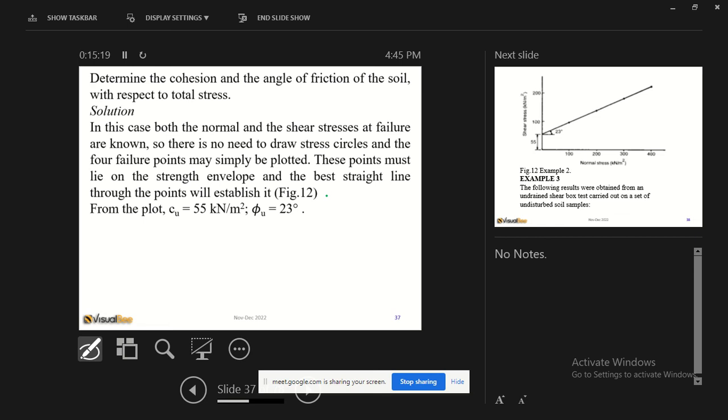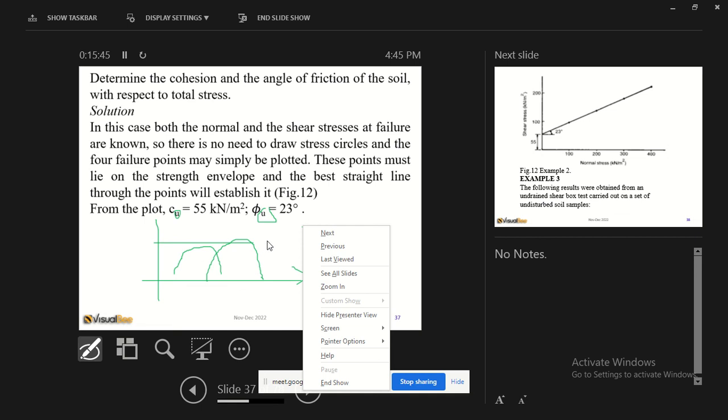Sometimes it depends on the test, because this test is an undrained test. So this U here is to show that it's undrained. That's a bit confusing, because this CU is usually used for what is called the UU test, which I have explained here. So please note that difference, so that it doesn't confuse you.